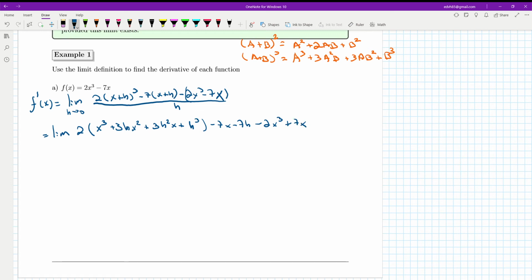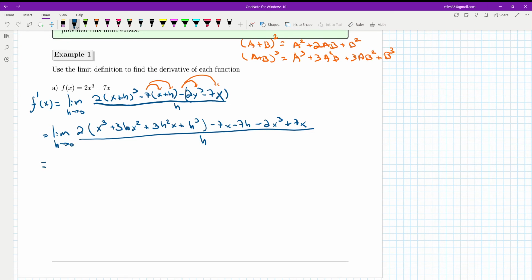So what are we doing here? Well, I'm distributing the negative 7, and I'm distributing the negative sign, which changes the sign of everything inside of the parentheses here. So the whole thing over h as h approaches 0.